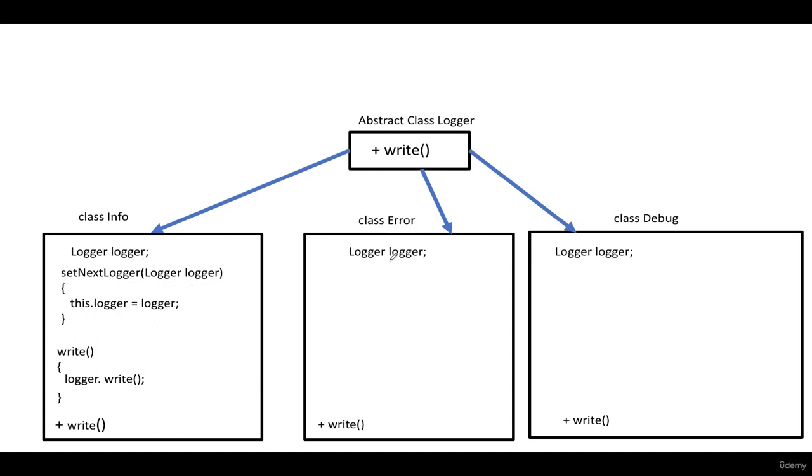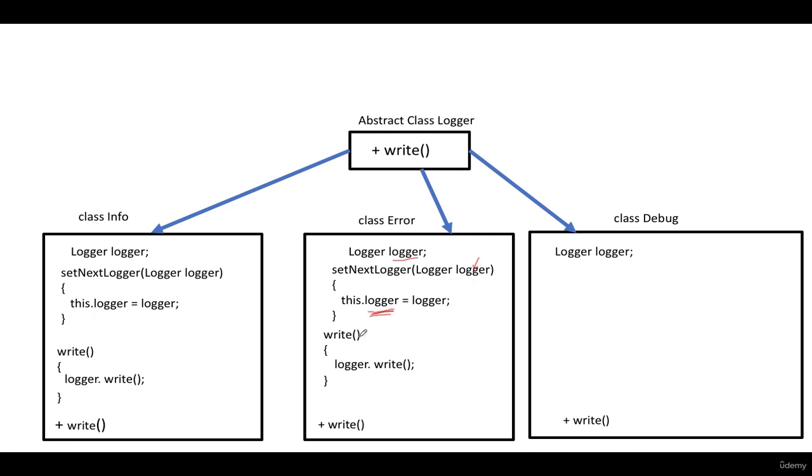Similarly, in the error class, we again have this method setNextLogger, where we are passing the instance and setting that instance into this object, the logger that we already have in this class. And then we have the write method, and here we are calling the write method. So basically in this class, we are passing the instance of the debug class and setting that instance into this particular object, the logger.